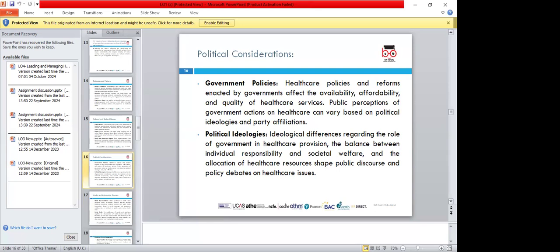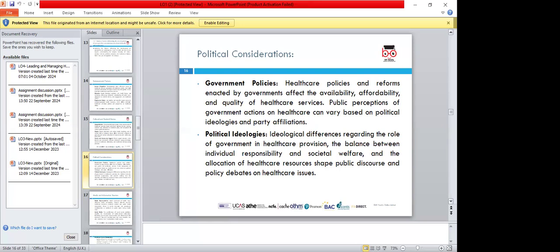So again, these are all things that people within a country or a nation look at. They look at those ideologies. Are they helpful or are they not helpful within the country? If they are not helpful, then you can tell that it has been framed in such a way that the political ideologies are only favoring one set of people and it does not fit the average person within the country.